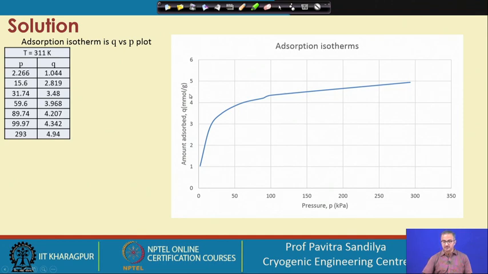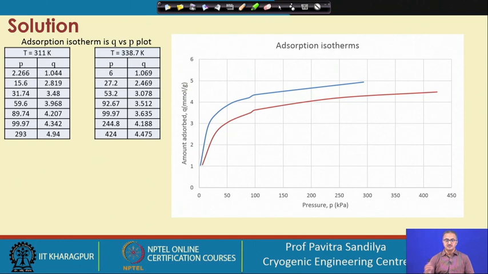This is the typical plot we get, and as we learned earlier, initially it increases and then slowly goes towards a plateau, and by looking at this graph we find that this represents a favorable isotherm.